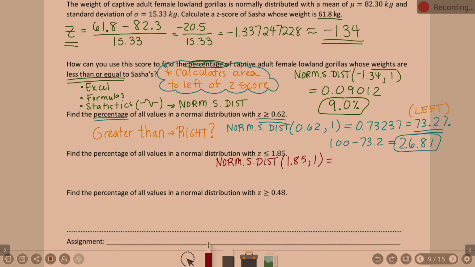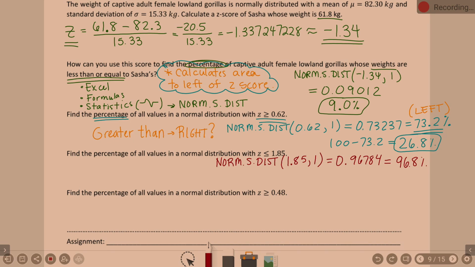What does Excel give me? What do we get? 0.96784. Okay. What was this question asking? Well, actually, we can change this to a percent regardless. What is this as a percent? 96.8%. Boom. Am I done or am I not done?